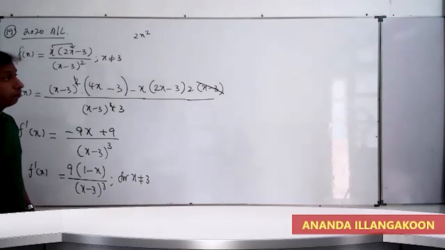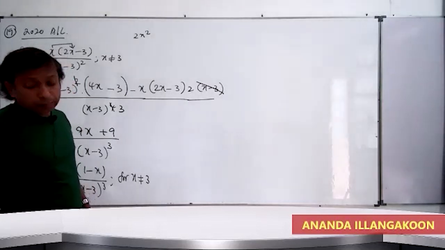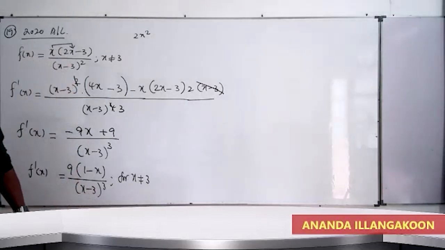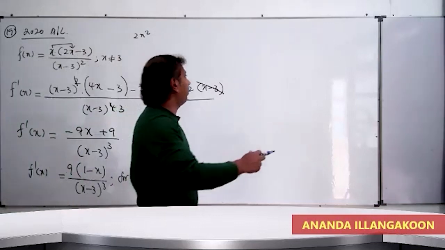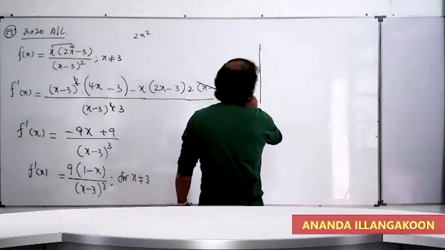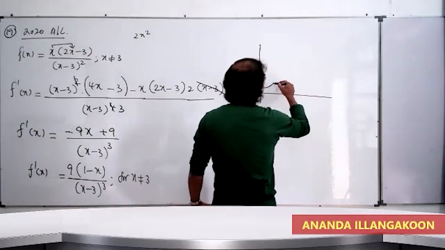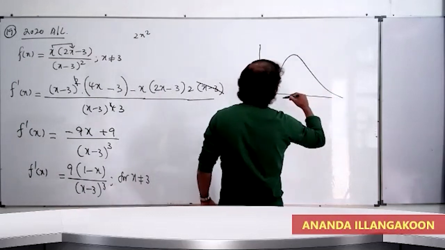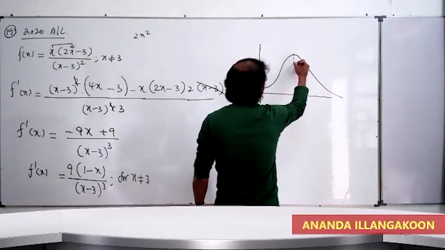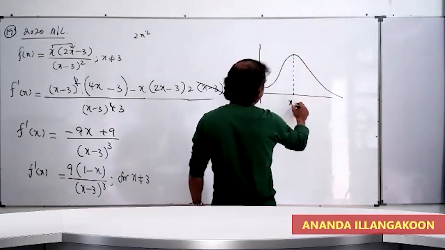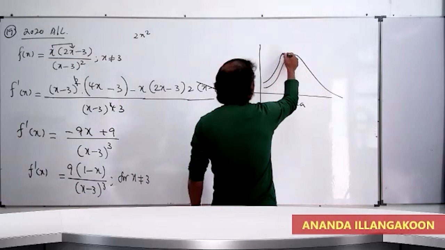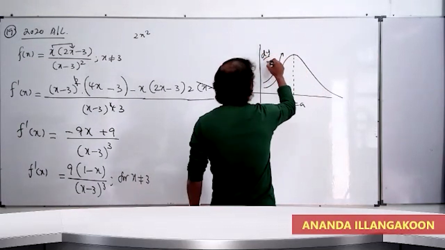Now it is asking about increasing and decreasing intervals. Increasing means this. When we have a graph like this, suppose this x coordinate is a, then in this interval the gradient is positive.